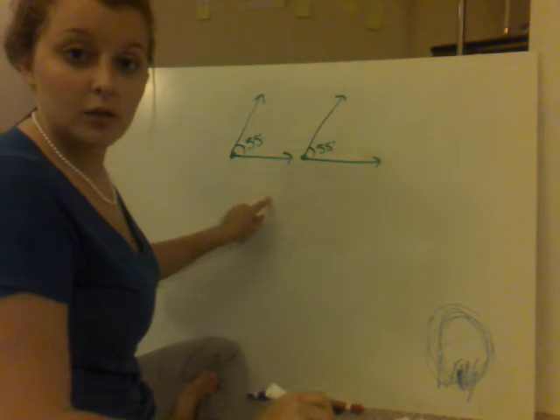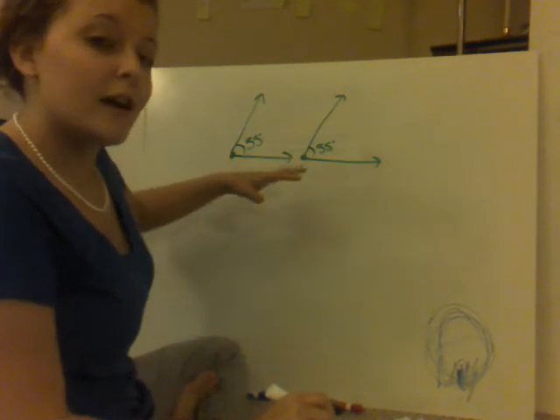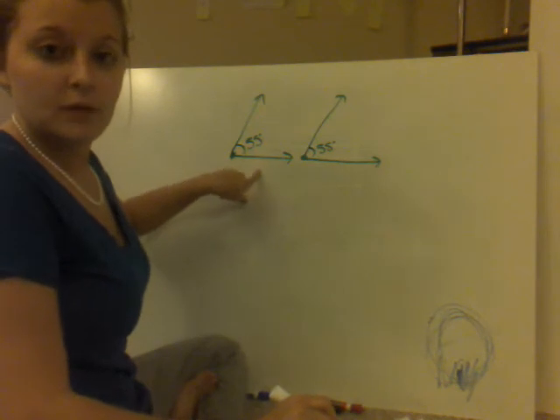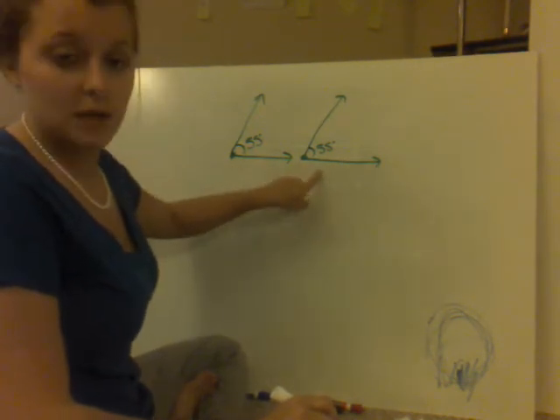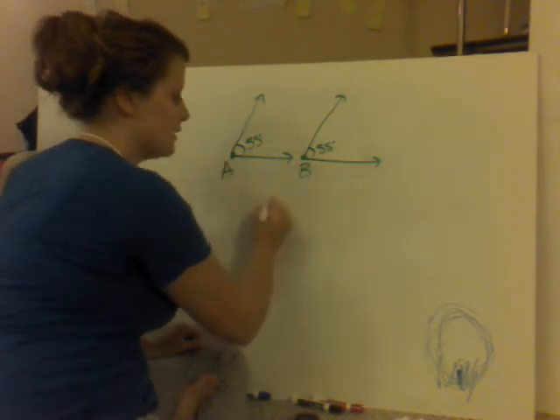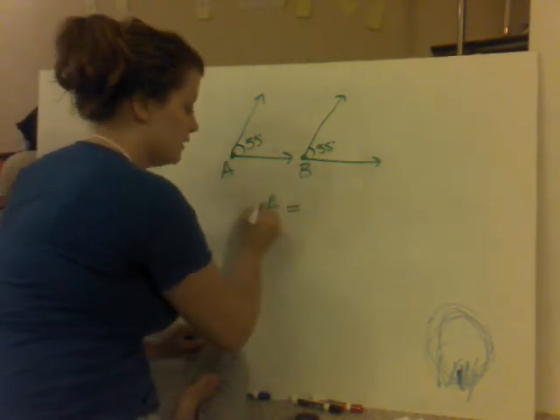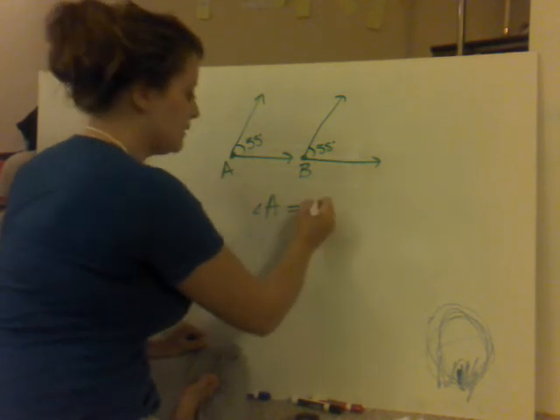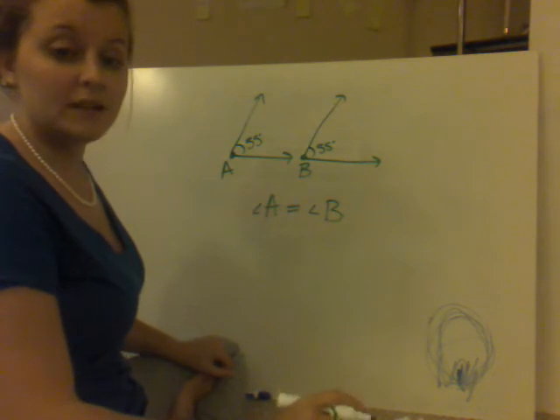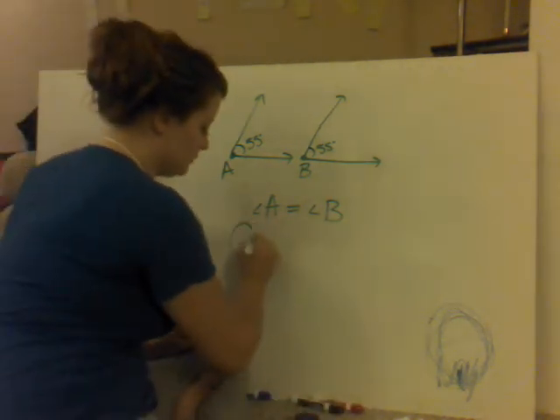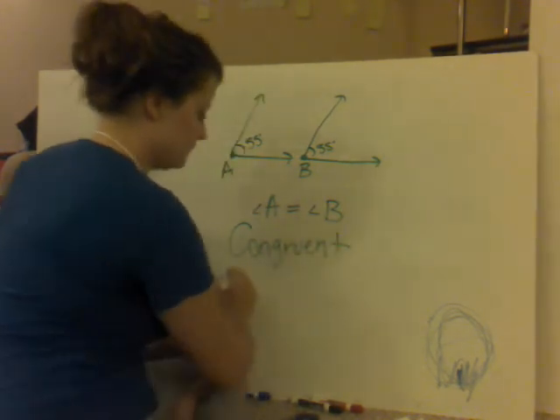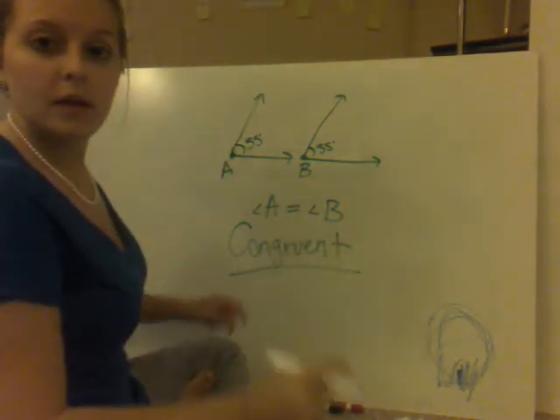So I'm telling you, whether it looks iffy or not, angle A is 55 degrees. Angle B is 55 degrees. So I'm going to label this A and B. A, my little angle sign, don't forget our little angle sign, is equal to angle B. That's it. These are congruent. Congruent, meaning two of the same thing.